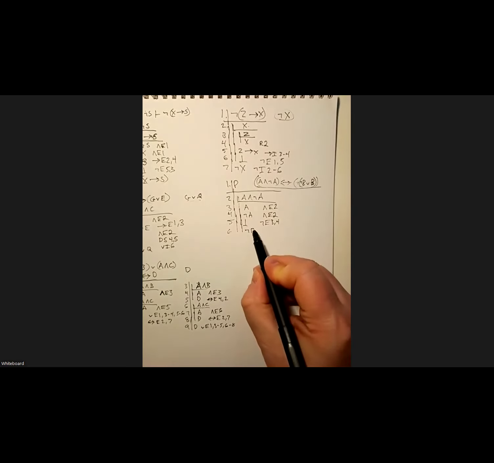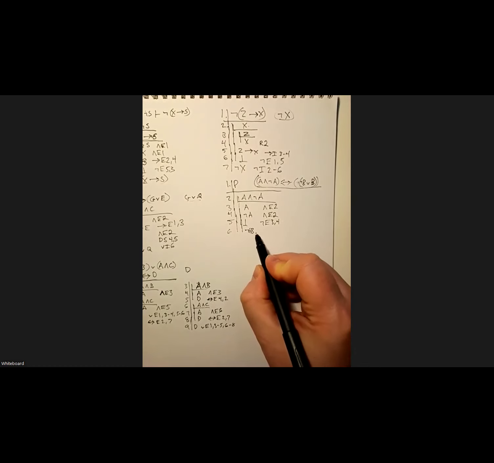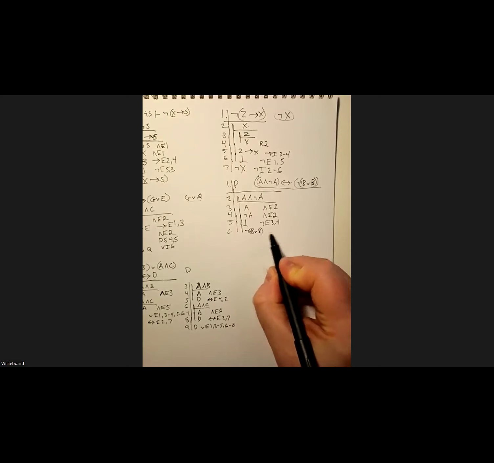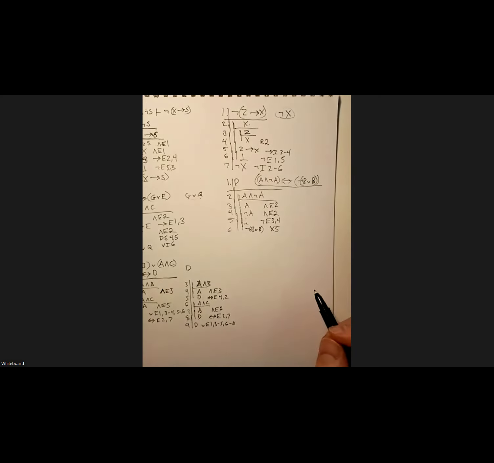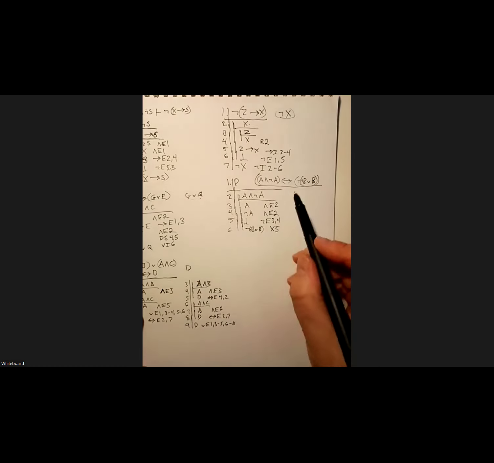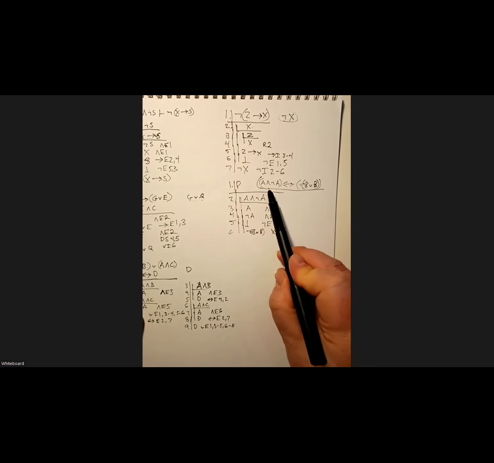So if I write it correctly, through explosion on 5. There we go. That's given us our left to right conditional. Now we need to figure out how to do the right to left.